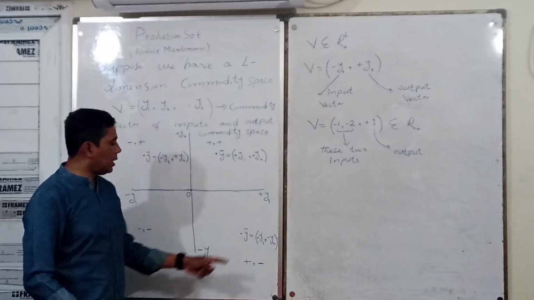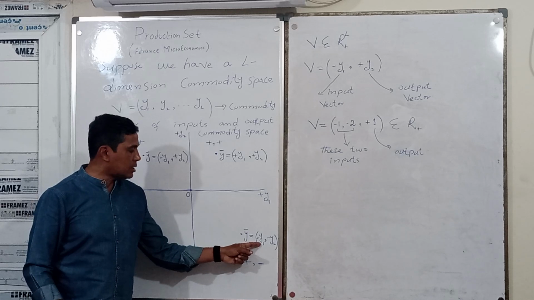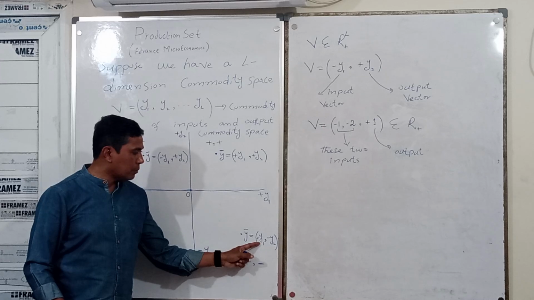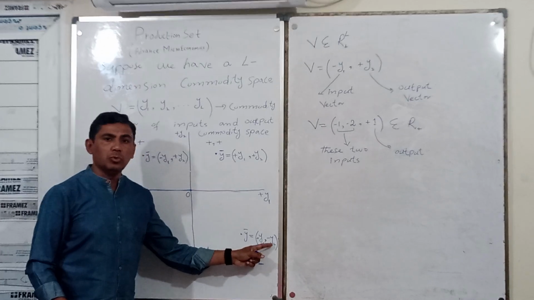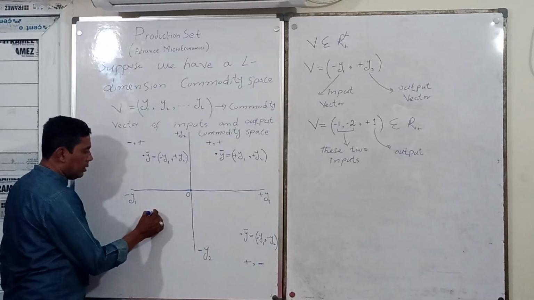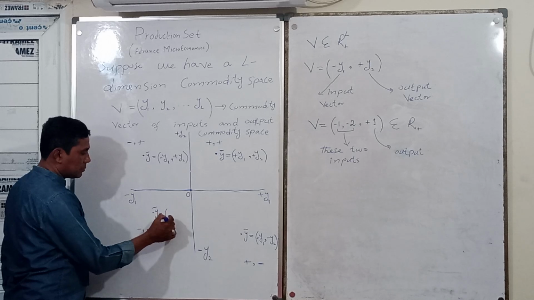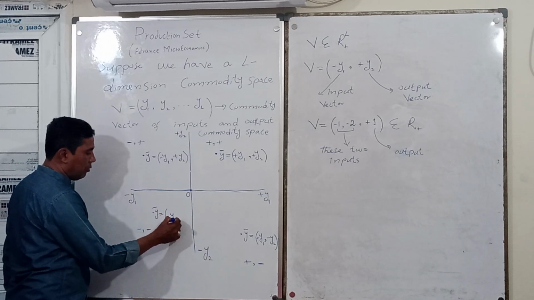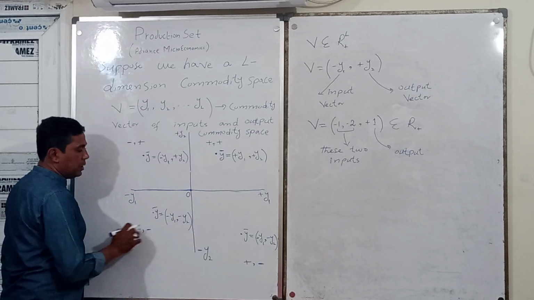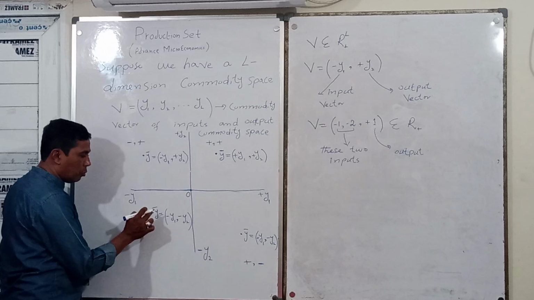So y1 represents output and y2 represents input. And in this quadrant, y bar has minus y1 and minus y2. What does it mean? Both are inputs in this y bar.